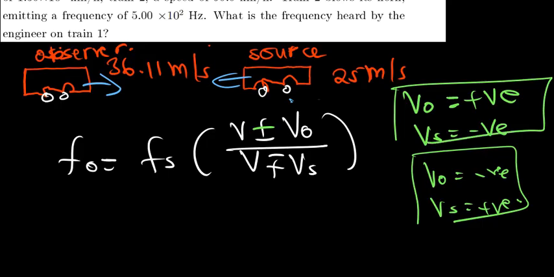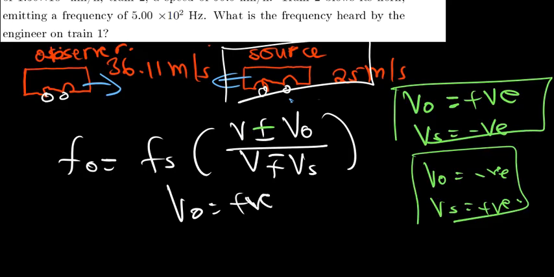Now there are also some other ones which you need to know. If the observer moves toward the source, and the source is stationary, it's not moving, it is at rest, then VO will be positive. Once you know that VO is positive, down is going to be negative, meaning VS will be negative.